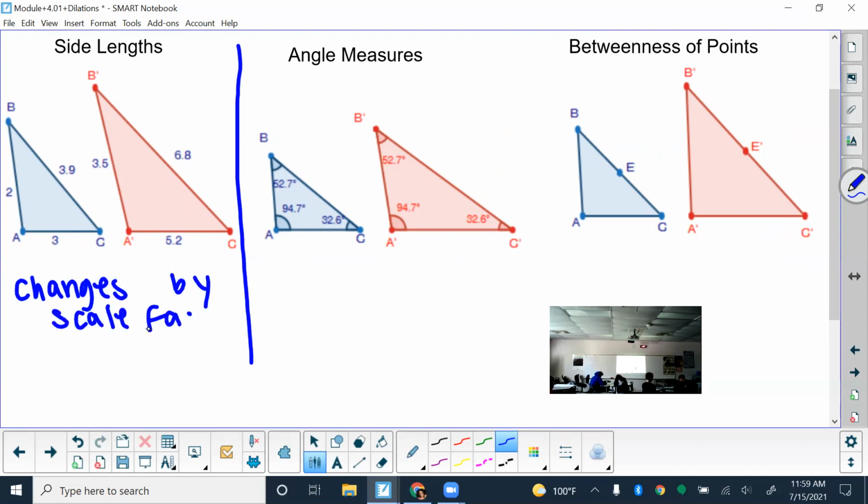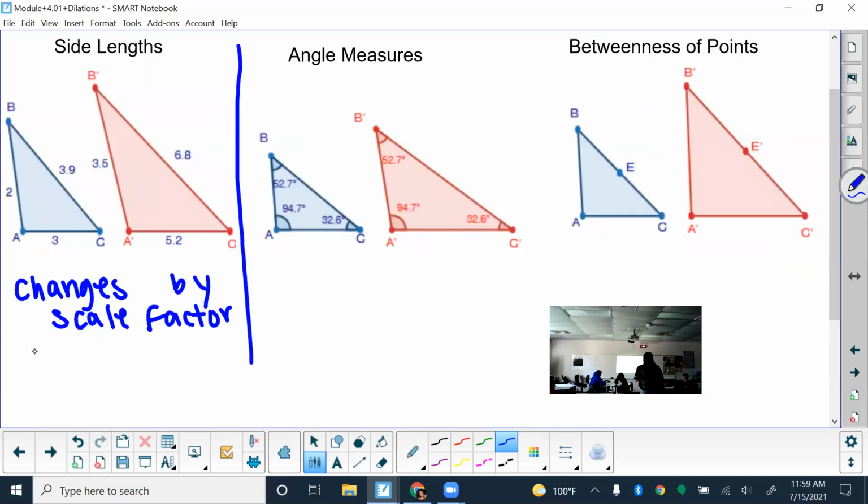So if I said the blue triangle was dilated into the red triangle, that means I multiply the same number to each side to get the other triangle. And that number should be the same number all around.